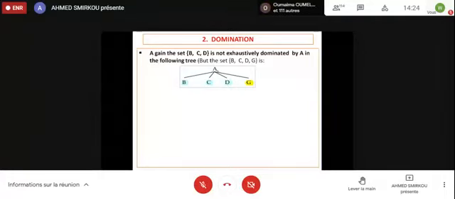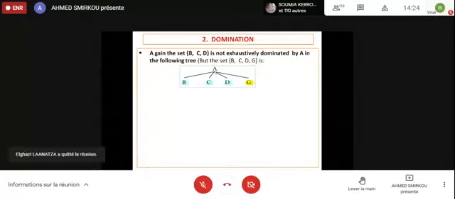You may say yes, but I say no. Why? Because I asked the question only about B, C, D. I excluded G, and this is a violation of the second part of the definition, which says the set is not exhaustively dominated by A if there is another node which is also dominated by A.